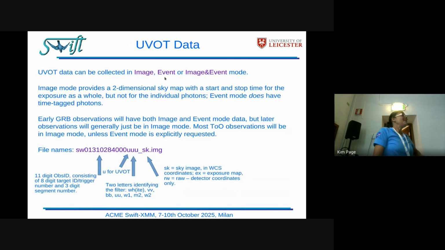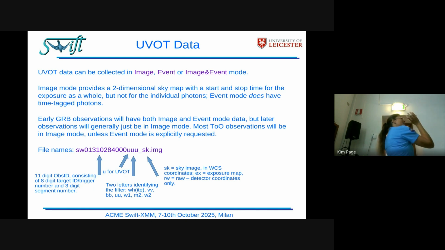So for XRT, we have window timing and PC mode. UVOT has image or event mode, or image and event mode. Image mode means that there's one observation, say one snapshot and one filter.